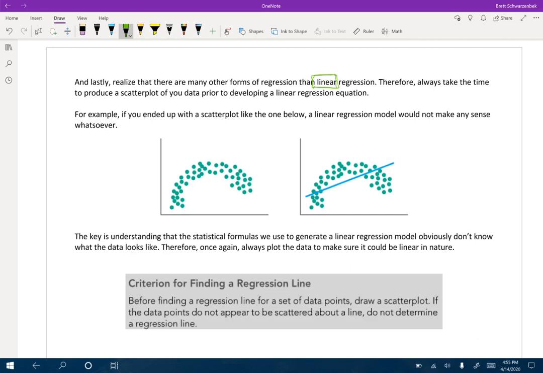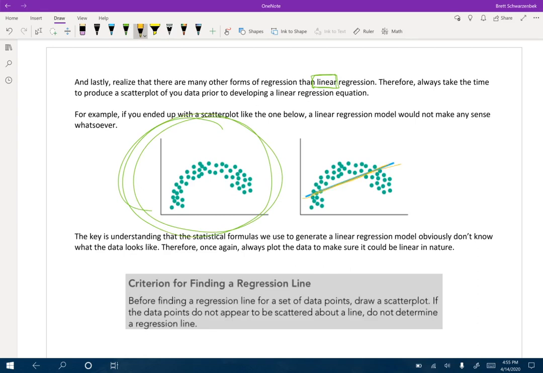So realize if you put a bunch of data into L1 and L2 and perform a linreg, the calculator has no idea what the data actually looks like. So let's say you put these data points in the L1 and L2 of your calculator. It will produce a regression line that looks like this.